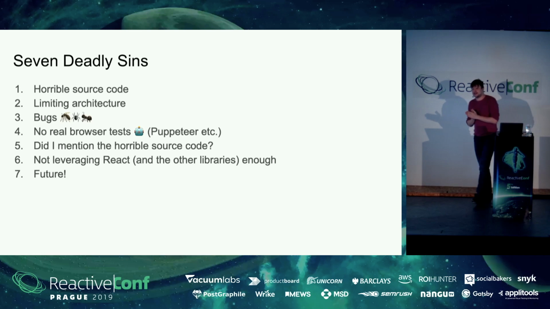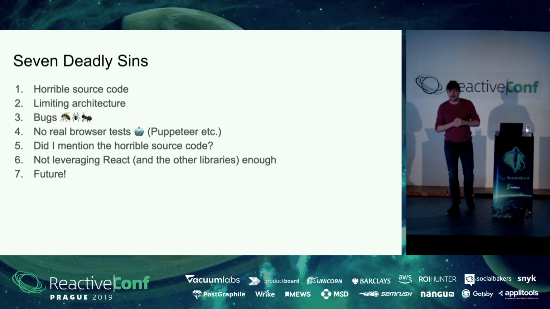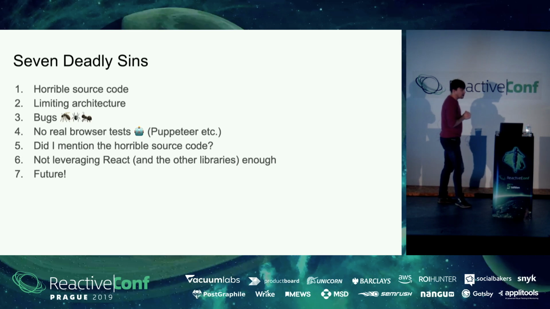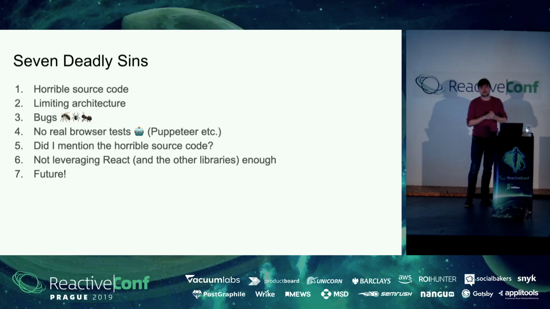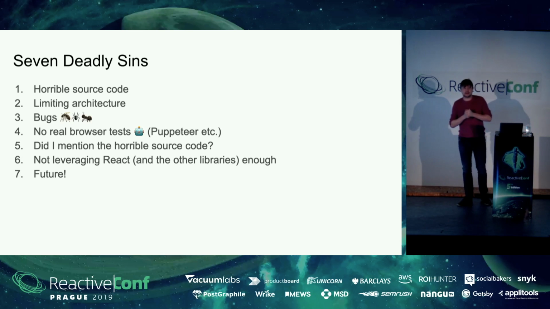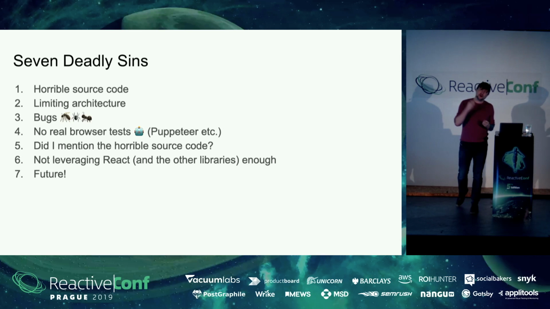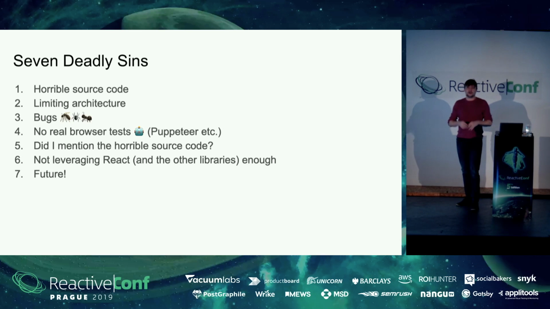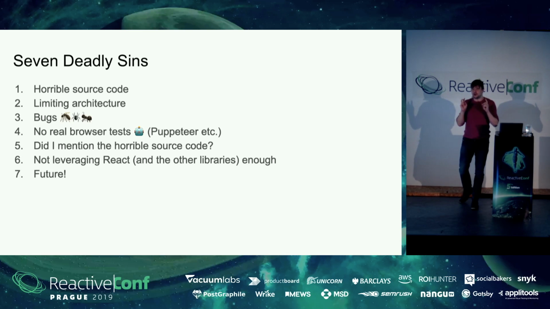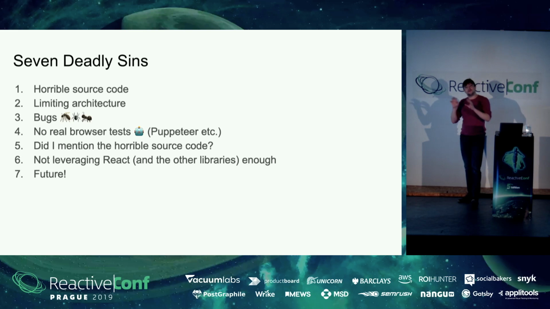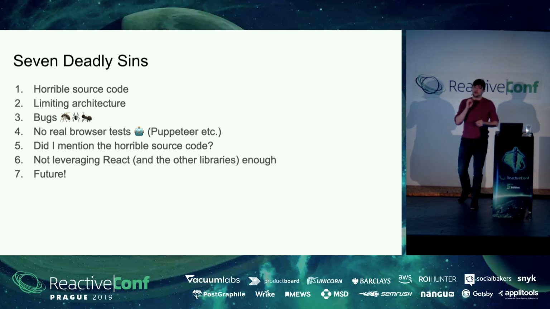Okay, seven deadly sins of current content-editable editors. Horrible source code. When I say horrible, it's really horrible. There are a huge amount of flags or edge cases, and except for Draft.js, which is written in Flow, all those editors are written without types.